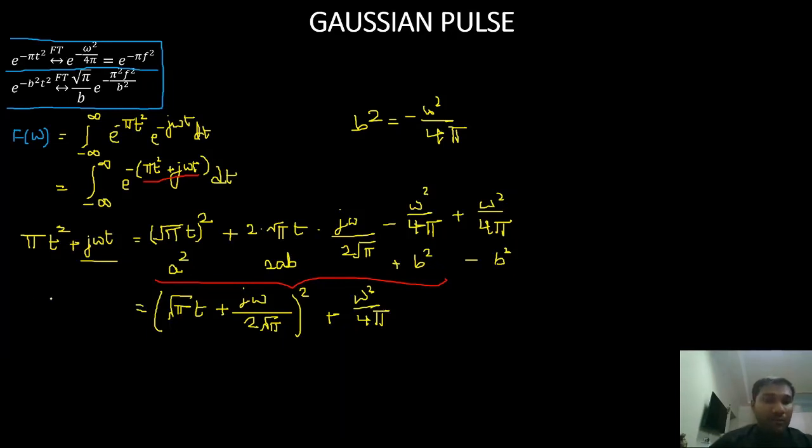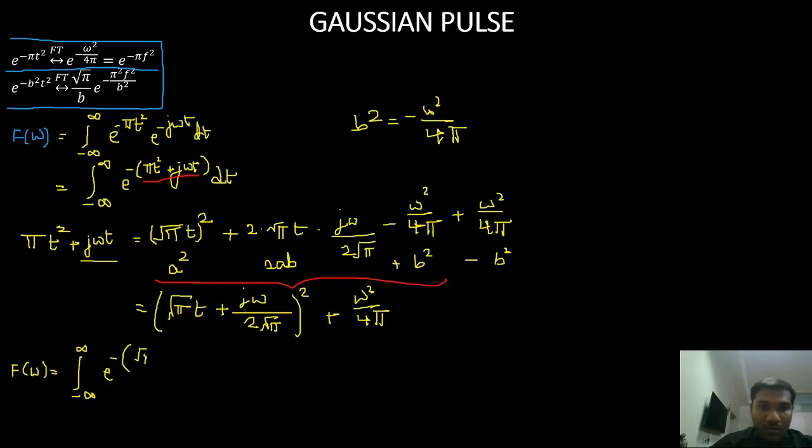So my F of omega can be written as the integral from minus infinity to infinity of e power minus, and pi t square plus j omega t can be written as this expression, right?